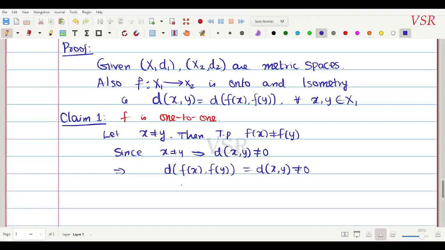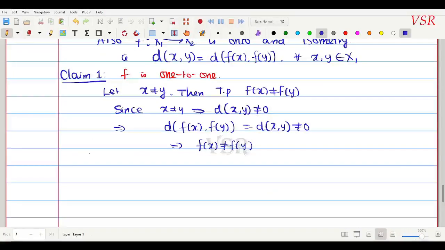So this implies that f of x is not equal to f of y. Its distance is not 0; only if it were 0 would the two be equal. Since it is not 0, the two are different. So x not equal to y implies f of x not equal to f of y. That is, f is 1 to 1.